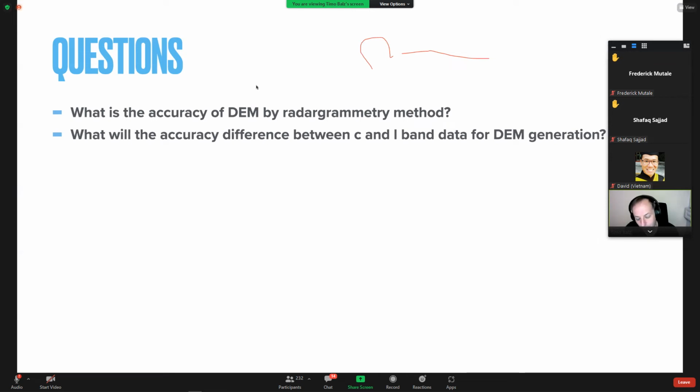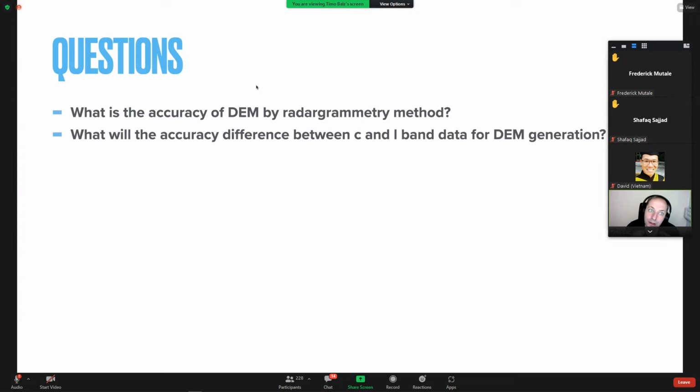If you have a very homogeneous surface, where every pixel more or less looks the same, you're going to have problems identifying them, and then you probably have to multi-look and reduce the resolution, reducing the accuracy of your DEM even more. The key message is, with radargrammetry, your accuracy depends on the pixel size.